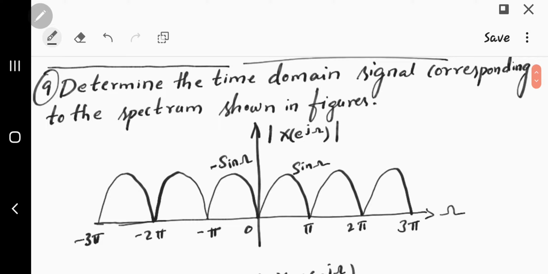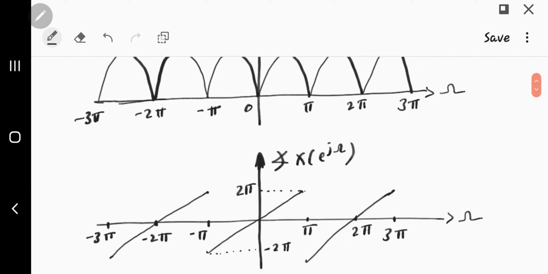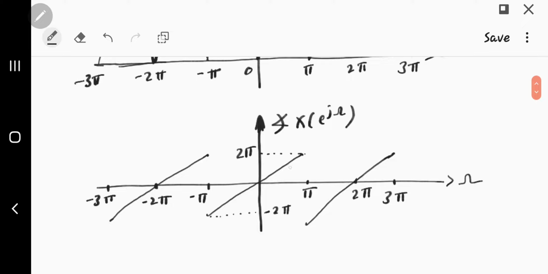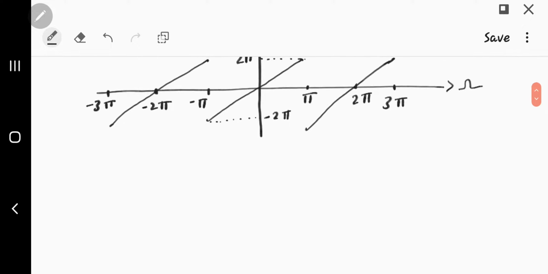Now coming to this problem, we have the phase given for the same magnitude and phase spectrum. Based on this we have to find out what is the value of x of n. Now let's start with the solution.